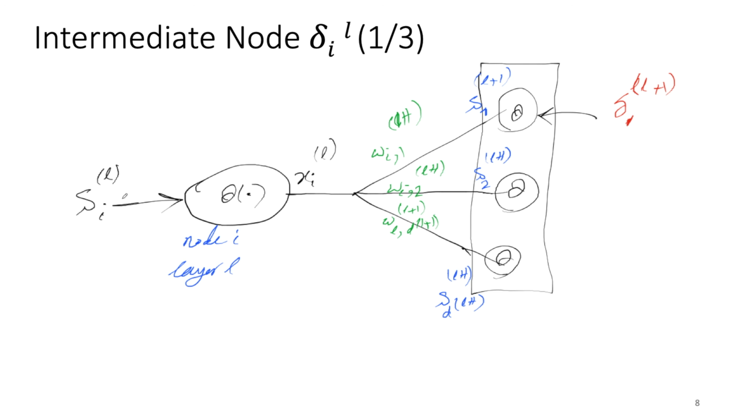Here you have to take into account that this one was connected to many neurons before. This is only one node, so the other nodes would have connections there as well. That's why I represent it here.